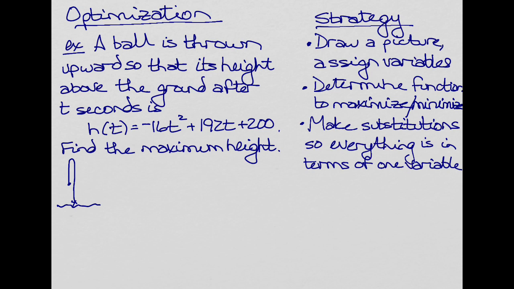You knew this part was coming. If I want to maximize something or minimize something, I'm going to need critical numbers. And to find those, I'm going to need to take a derivative. So once we have the function figured out and we have it all nice in terms of one variable, we'll take its derivative.